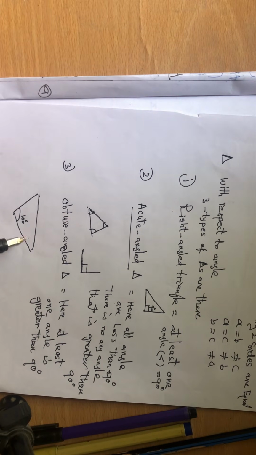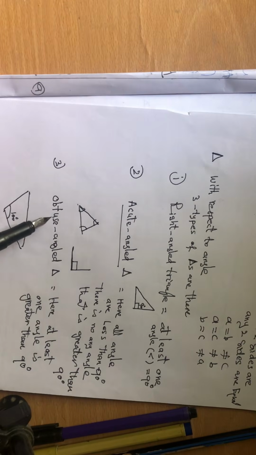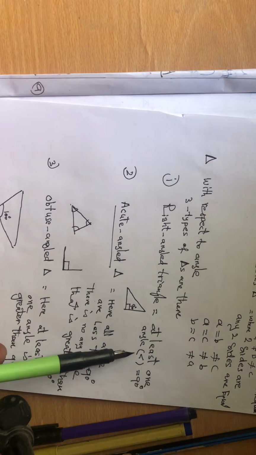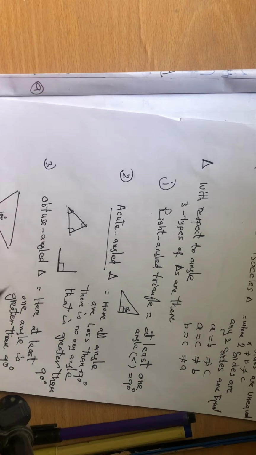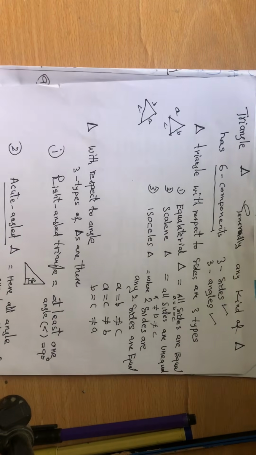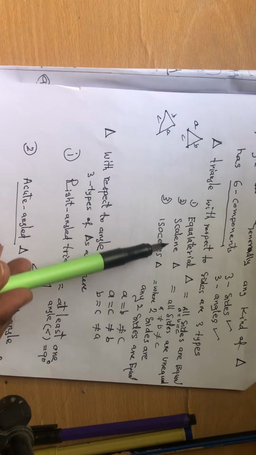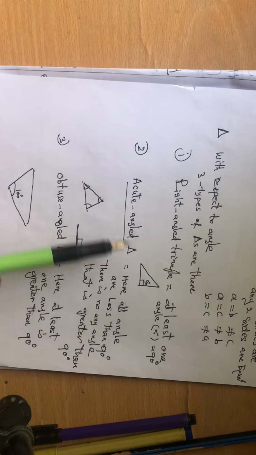These are the triangles with respect to sides and with respect to angles. With respect to angles: right angle, acute angle, and obtuse angle triangle. With respect to sides: equilateral, scalene and isosceles triangle.